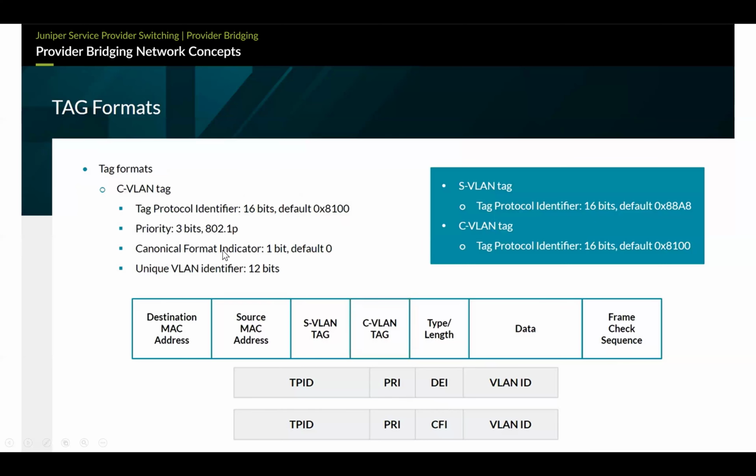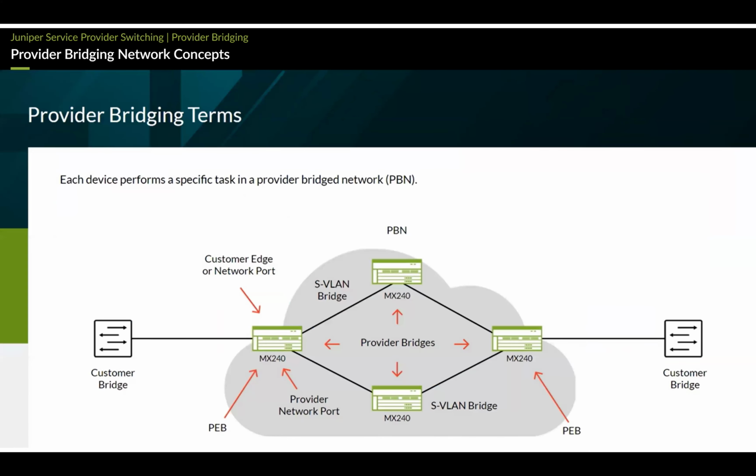This is basically the structure of C-VLAN and S-VLAN. But the VLAN identifier will be 12 bits, which will be the same as before.